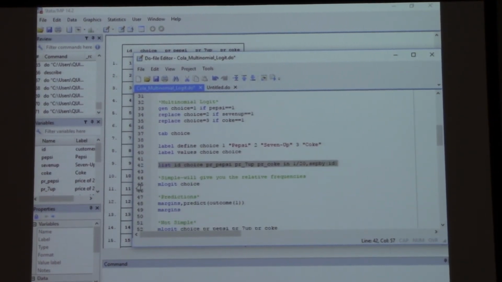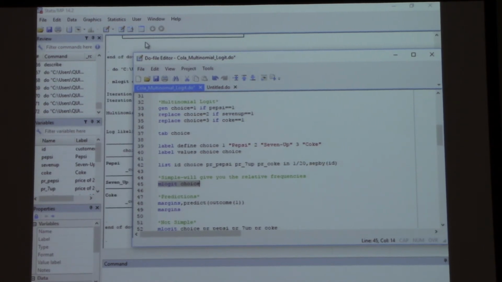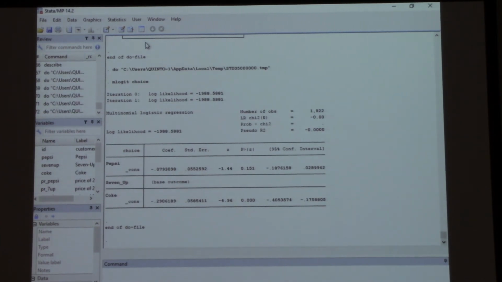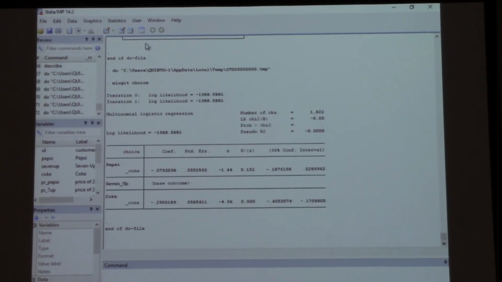All right, so here's a simple multinomial logit. Our command is mlogit. There are our results. We don't have any independent variables, so we really can't say anything. In essence, when we run this, this is basically telling us our relative frequencies. Remember, these aren't percentages, these are changes in the log of the relative odds ratios.